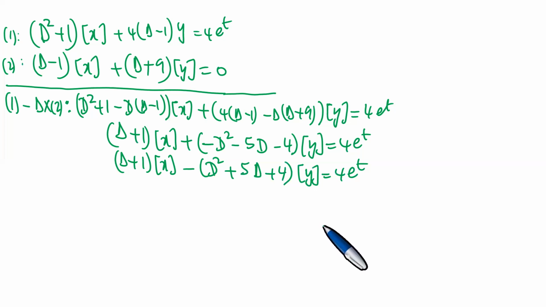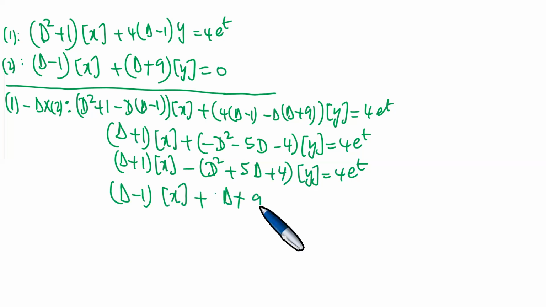Right, after we got these here, we can still write equation 2 below this. Equation 2 is d minus 1 into x. And then we have d plus 9 y. And this equals 0. Now, what is the meaning of all these?